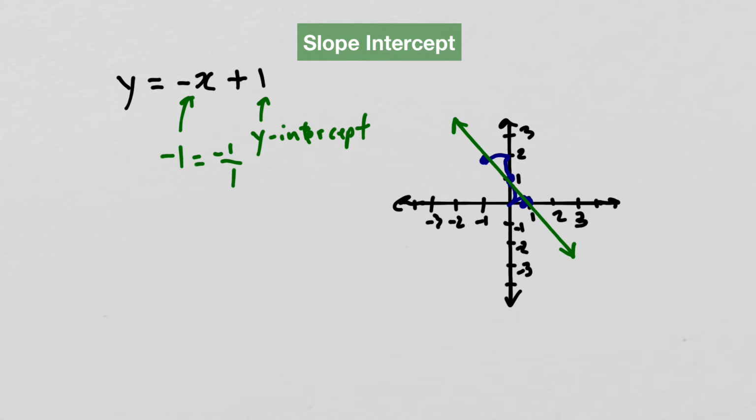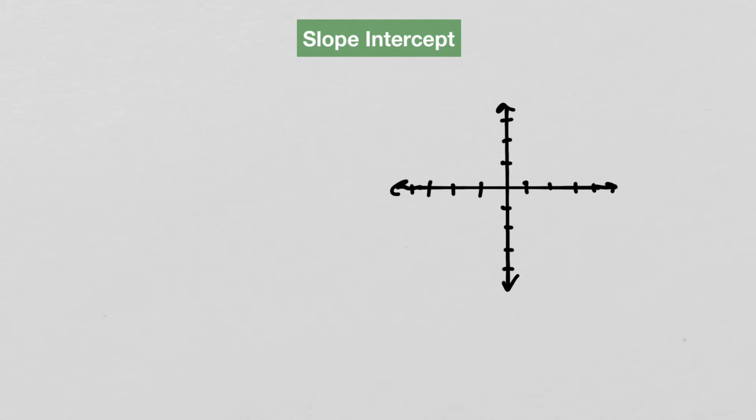Now, let's take a look at another example. Let's suppose that our equation looks like this. Y equals 2/3 x minus 1. Okay?